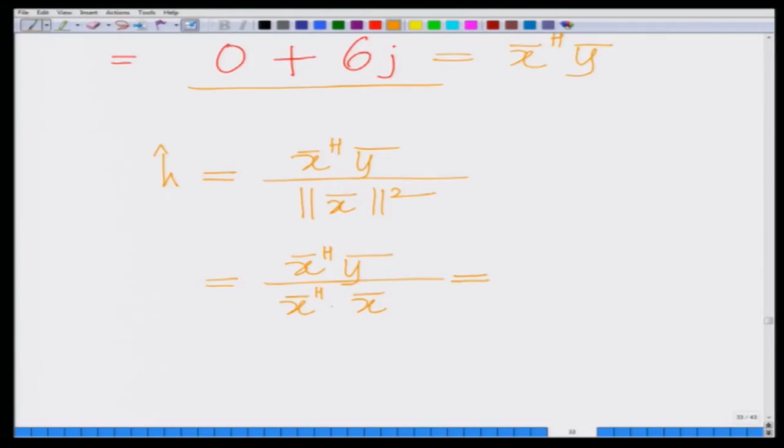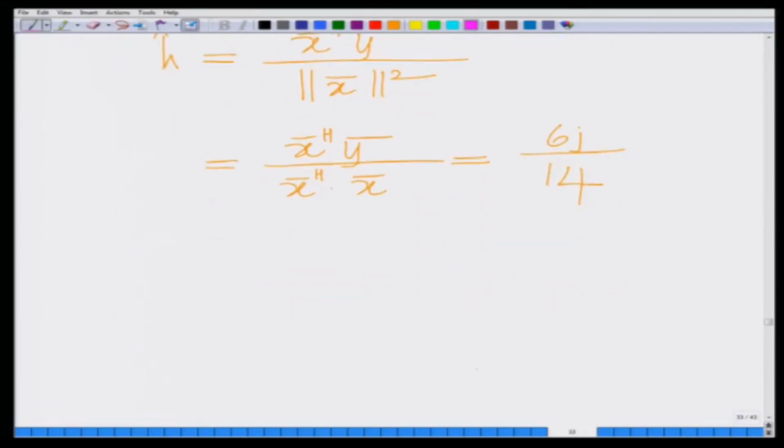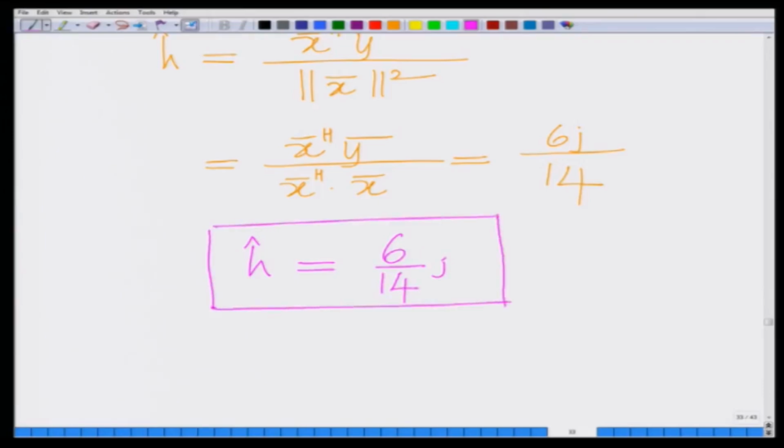Here x bar Hermitian y bar equals 6j, and norm x bar square we have already calculated to be 14. So the complex baseband channel estimate h hat equals 6 divided by 14 times j.